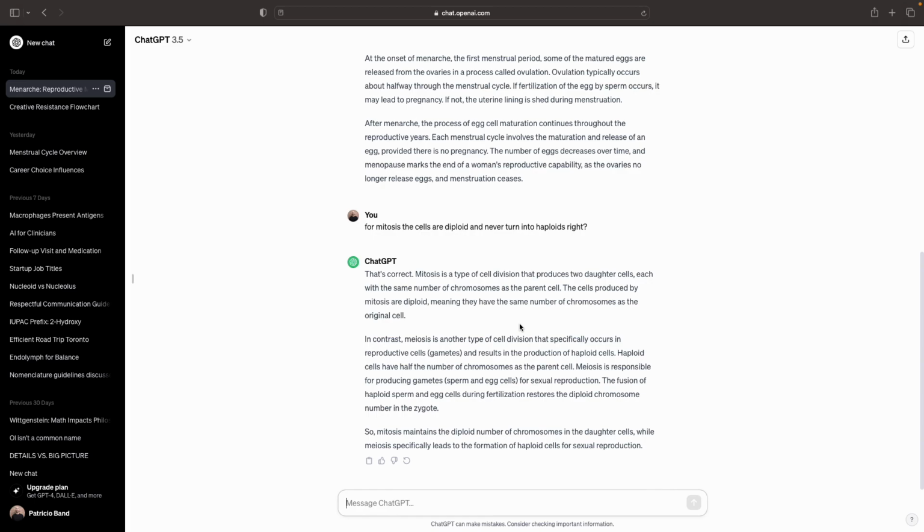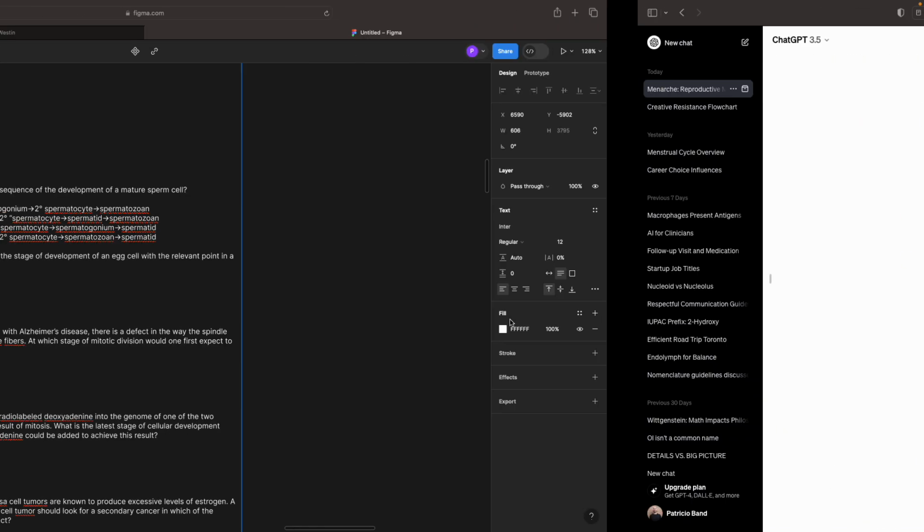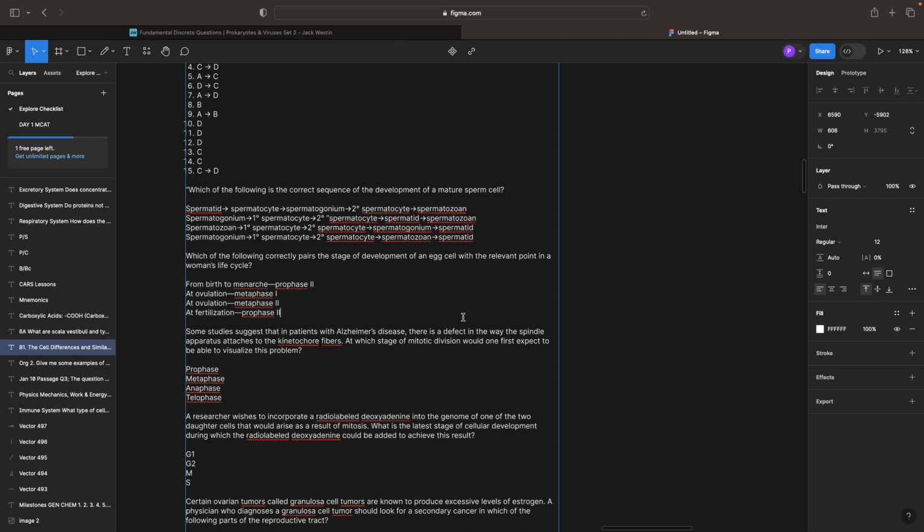Meiosis produces sperm and egg cells for sexual reproduction. The fusion of haploid sperm and egg cells during fertilization restores the diploid chromosome number in the zygote. So mitosis maintains the diploid number of chromosomes in the daughter cells, while meiosis leads to the formation of haploid cells for sexual reproduction.